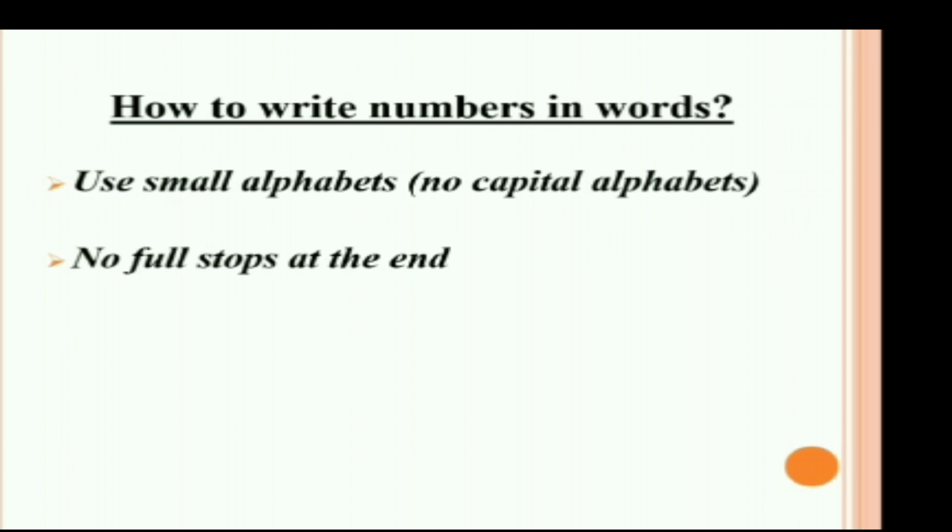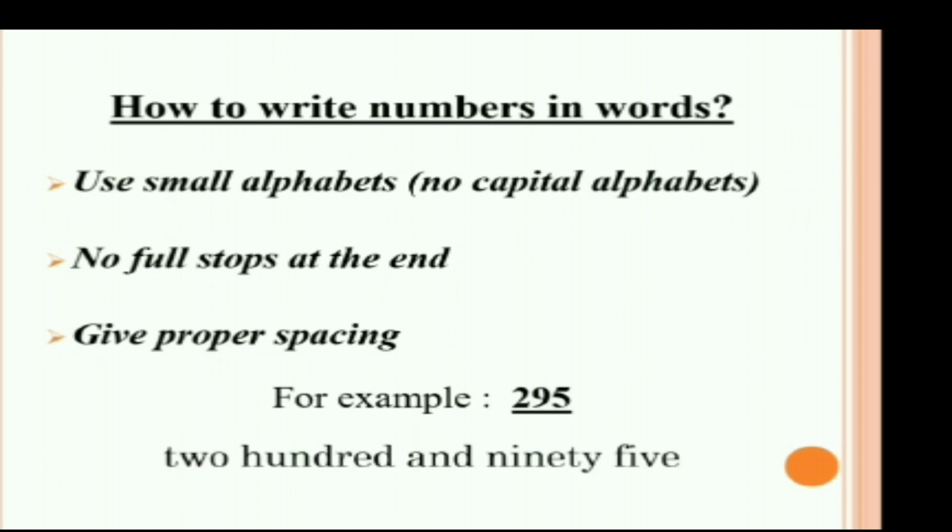The second thing to keep in mind is do not put full stops at the end of numbers in words, because we are not writing sentences. We are writing numbers with spellings. Next important thing to remember is to give proper space between each word so that each word is readable. It also makes your work tidy.